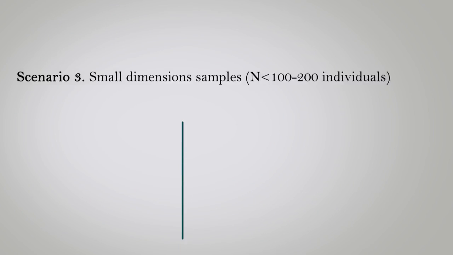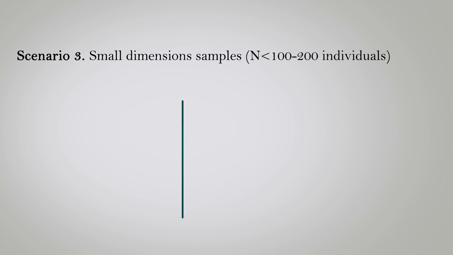In the third case, where the samples are of small dimension, meaning that the number of individuals is less than 100 or 200, we can evaluate the differences in diversity between the two samples with the Hurlbert-Simpson index, which is very reliable for small samples, or 1 minus D, so 1 minus the normal Simpson index.